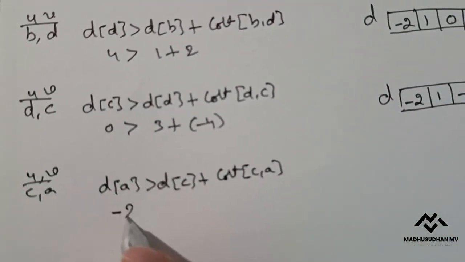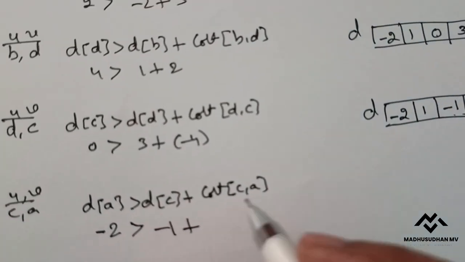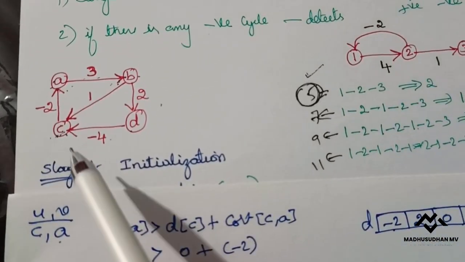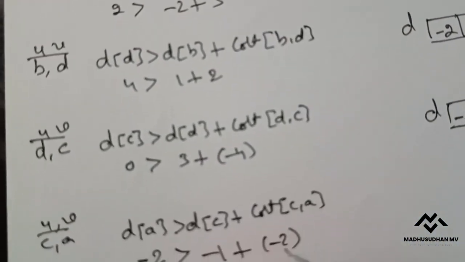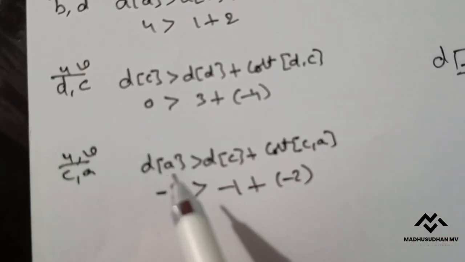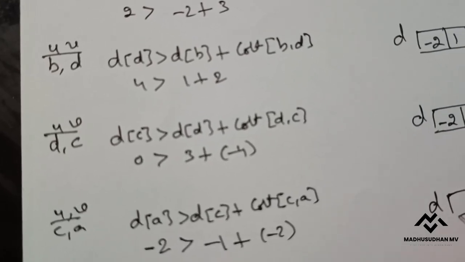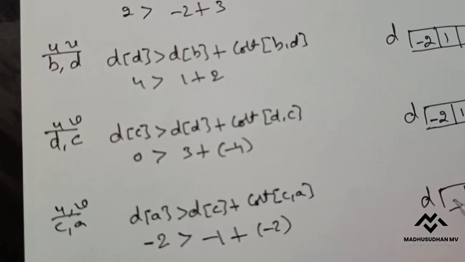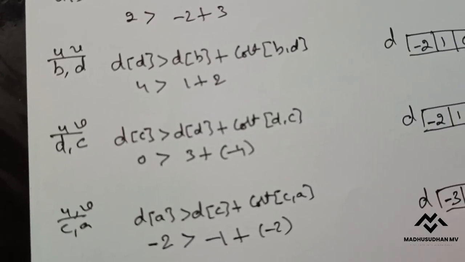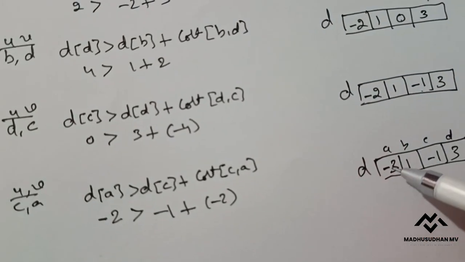Minus 2 greater than distance of C, minus 1, plus cost of C to A. Cost of C to A is minus 2. Minus 1 minus 2, minus 3. So minus 3 is lesser when compared to minus 2. So I'm updating my distance array. This is minus 3, remaining as it is. See, minus 2 to minus 3 is reducing.